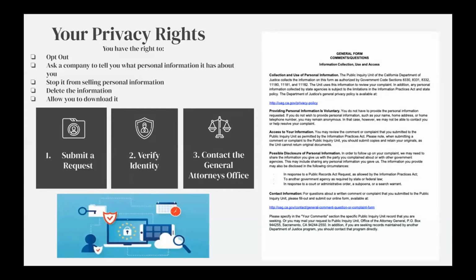You can submit a request and verify your identity, wait, and then the business has 45 days to either accept or deny your request. If they flatly refuse, Californians can contact the attorney general's office. So California does have this set structure on what Californians can do in the case that businesses or companies are not adhering to these legal aspects.